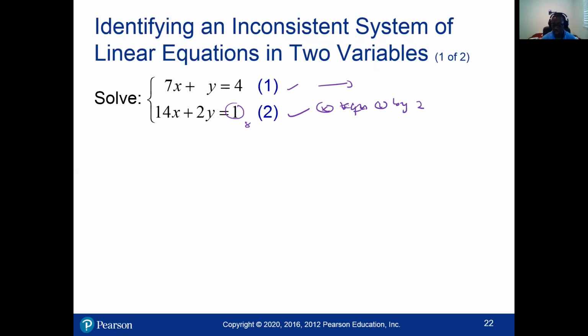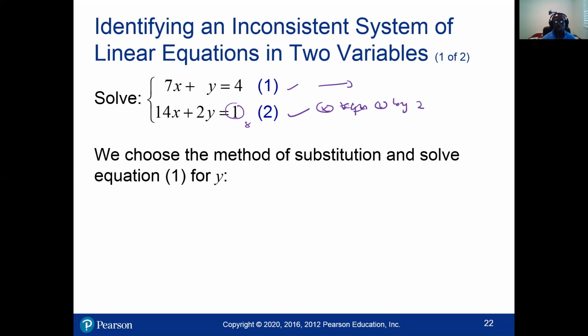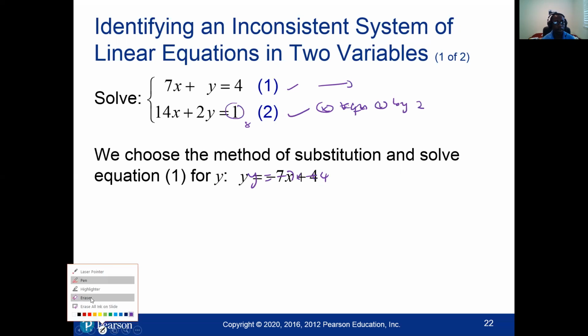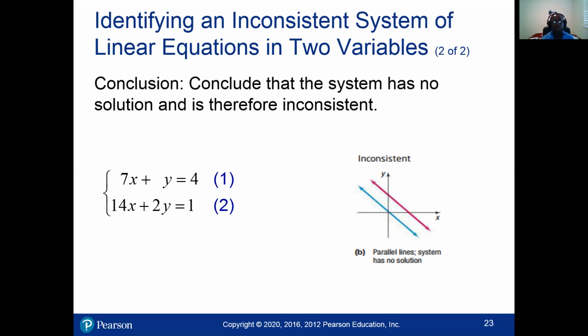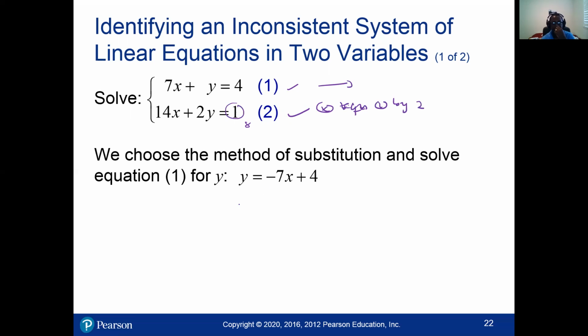But let us try to solve this and see what happens. We choose the substitution method and solve for y in equation 1. If I solve for y, I get y is equal to minus 7x plus 4. Let's substitute that into equation 2 and solve.